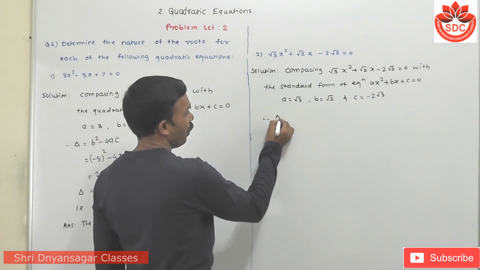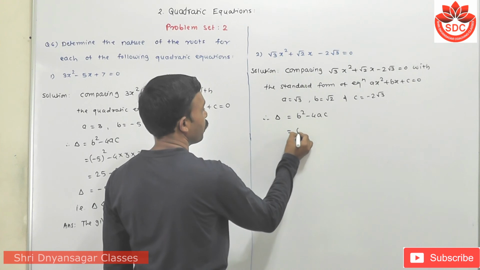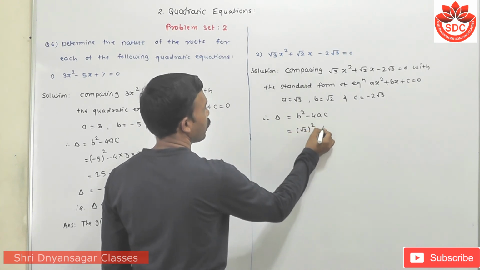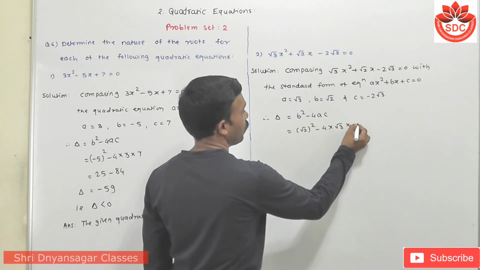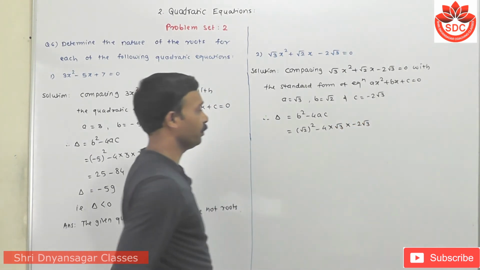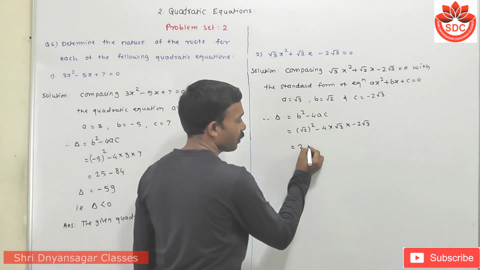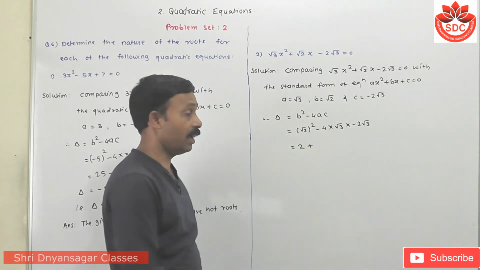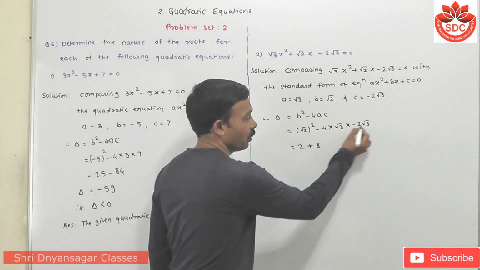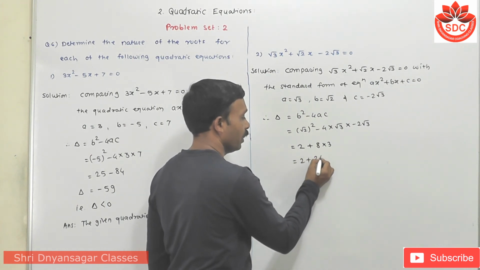Then we have to find the value of delta, that is b square minus 4ac. b is root 2 square minus 4 into a is root 3 into c is minus 2 root 3. Root 2 square is 2. Minus minus is plus, look carefully. 4 twos are 8, into root 3 into root 3 is 3. That means 2 plus 8 threes are 24.